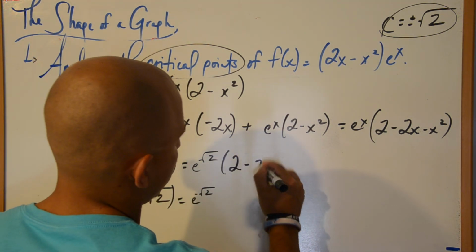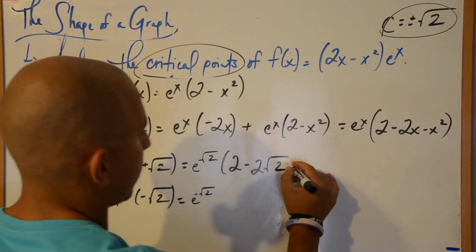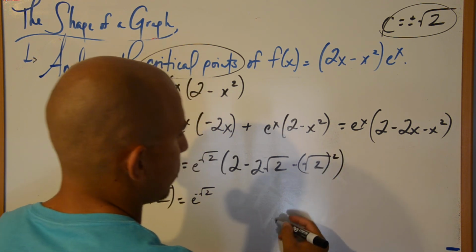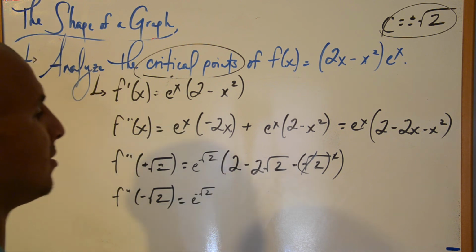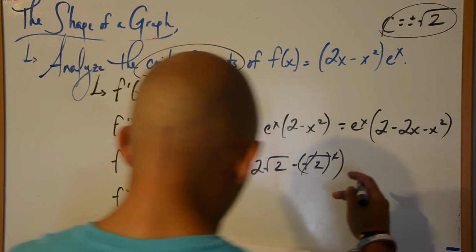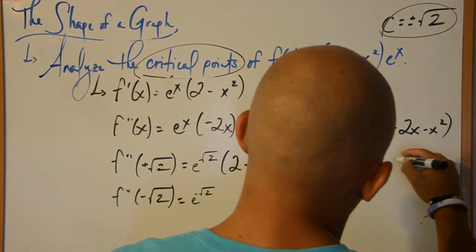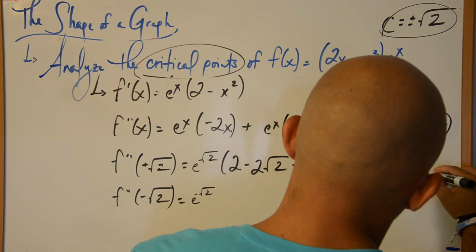So we have 2 minus 2 root 2. Right here I already have a negative, minus the square root of 2 squared. Those will cancel. 2 minus 2 is 0. So this overall will be less than 0, which will yield a local max.